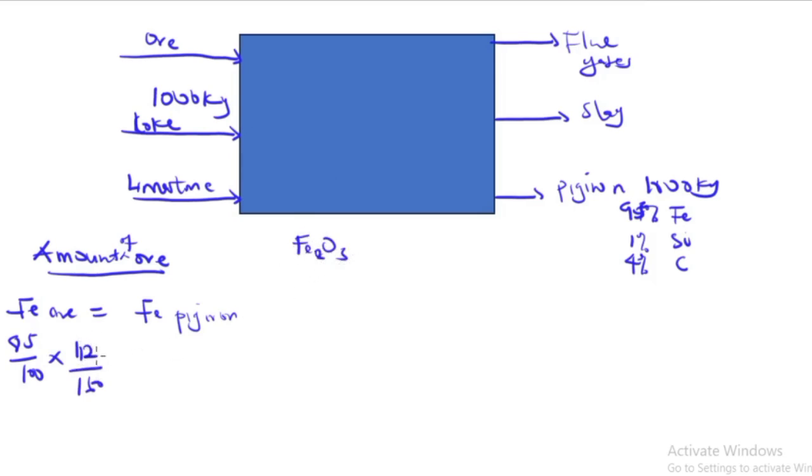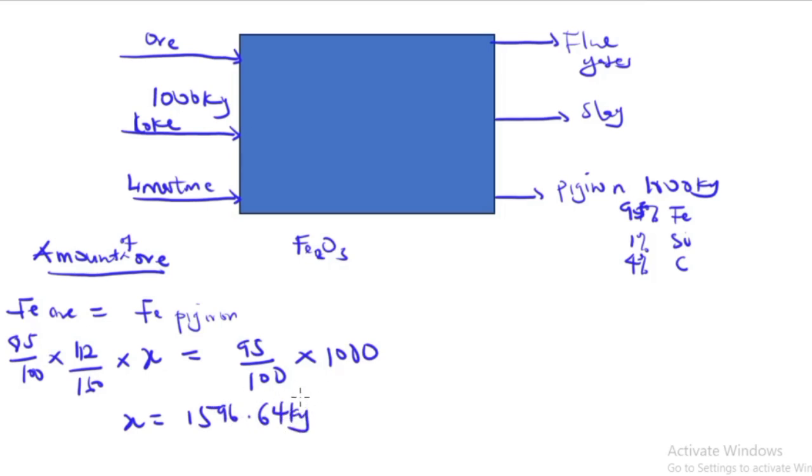Then times x to represent the ore, and it's equal to, for the pig iron, 95 over 100 times 1000 kilograms. When you find x, it gives you 1596.64 kilograms. That's very simple. Someone may also use the hematite balance and get the same thing. You can try that and see.